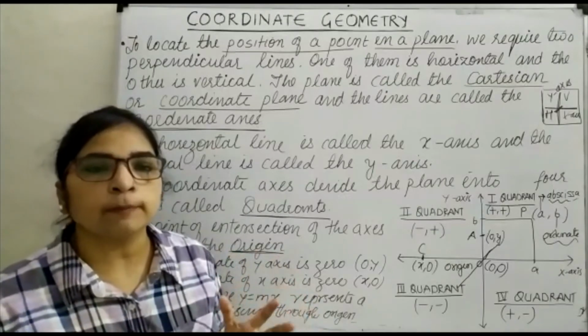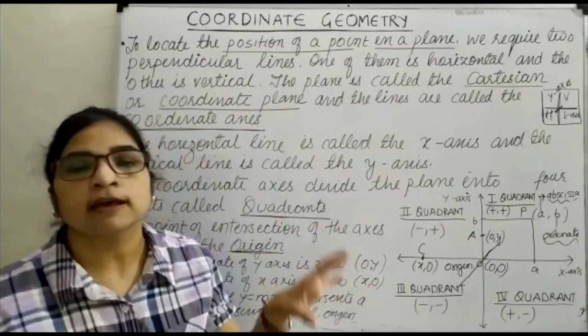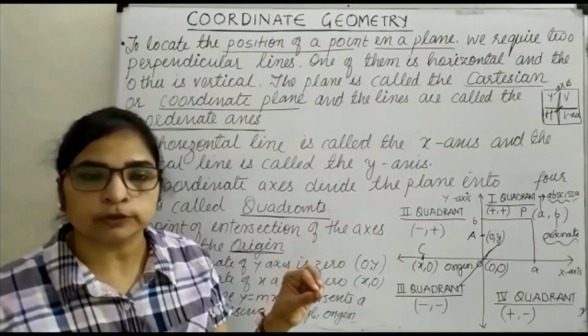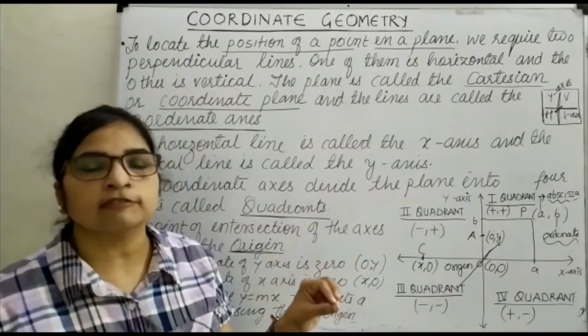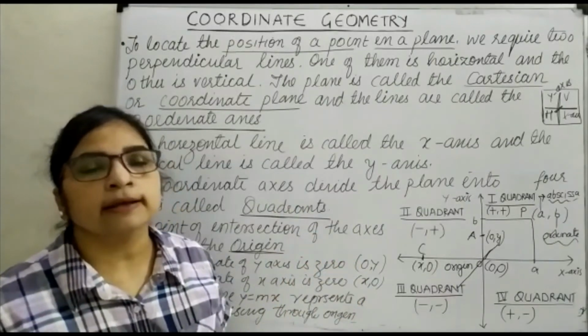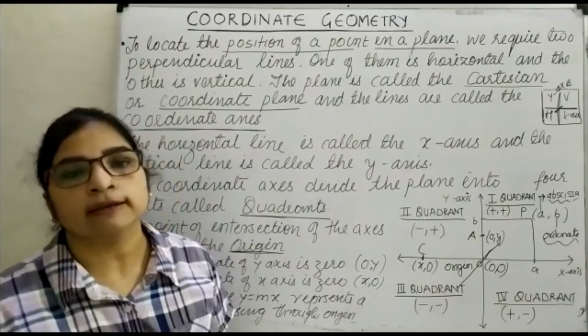These two mutually perpendicular lines divide the plane into four quadrants. In the first quadrant, x and y are both positive; in the second, x is negative and y is positive; in the third, x and y are both negative; and in the fourth, x is positive and y is negative.